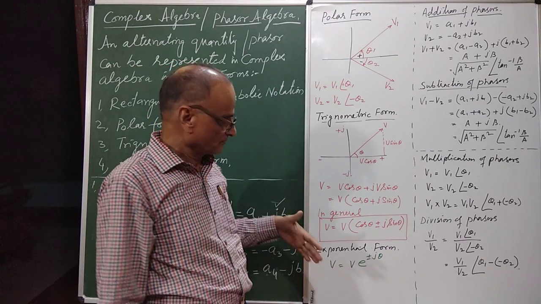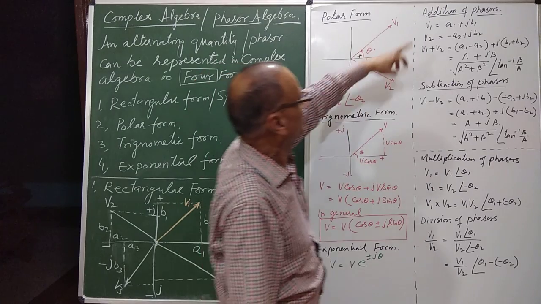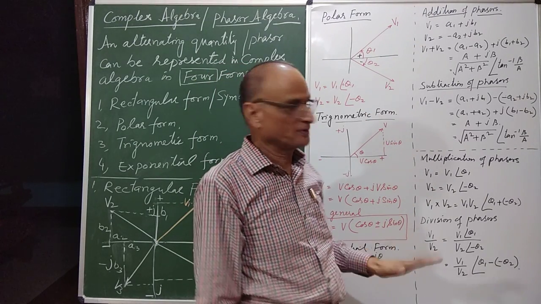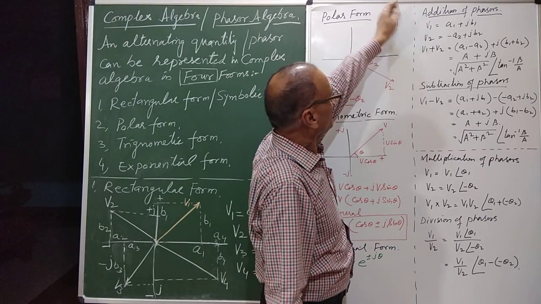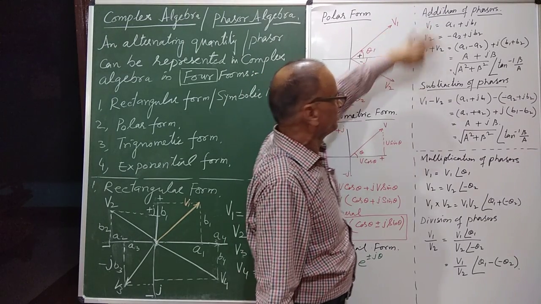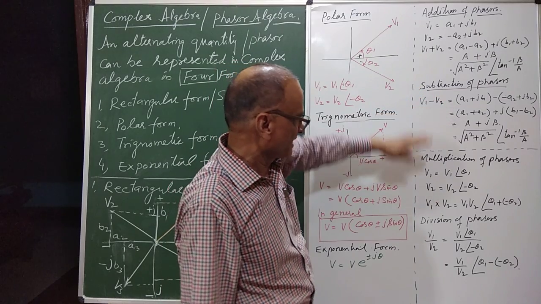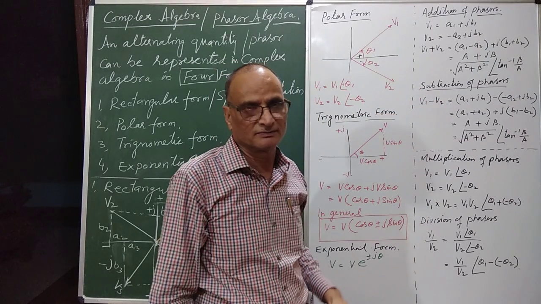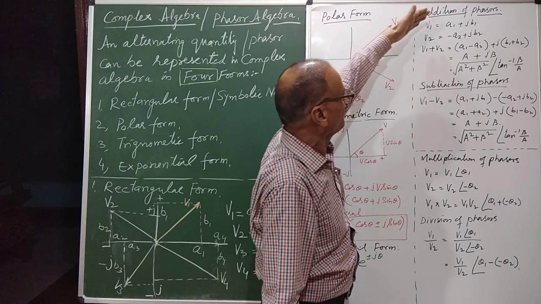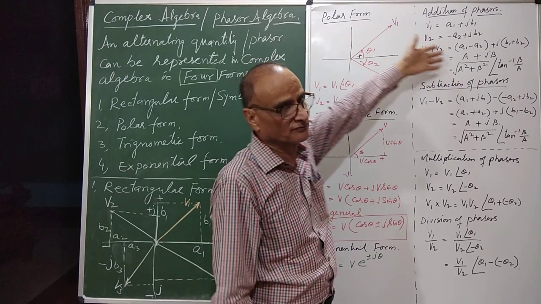We have to perform operations like addition, subtraction, multiplication and division. So we prefer addition and subtraction in rectangular form, and multiplication and division in polar form. This is the easiest way of calculating. Otherwise, we can perform all four functions in rectangular form as well.